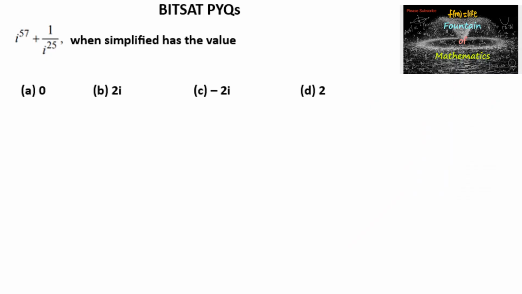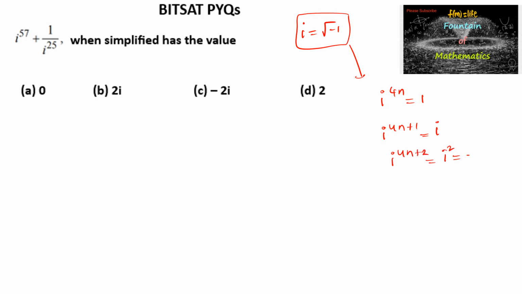i to the power 57 plus 1 upon i to the power 25. So here i is the square root of negative 1, and we have i to the power of 4n is equal to 1, i to the power of 4n plus 1 is equal to i, i to the power 4n plus 2 is equal to i square, which is equal to negative 1, and i to the power of 4n plus 3 is equal to i to the power of 3, which is negative i.